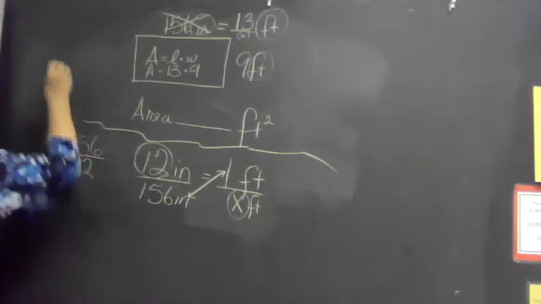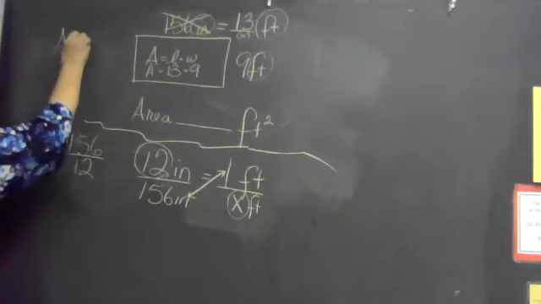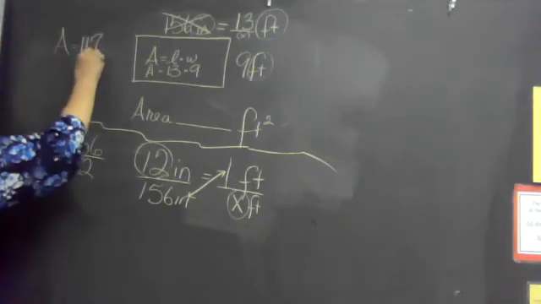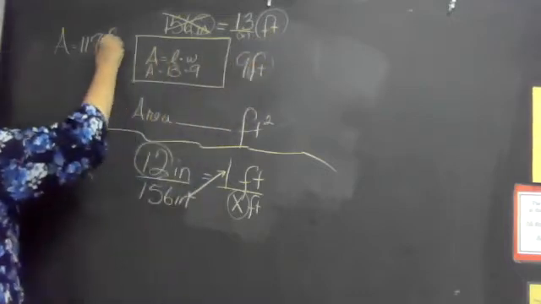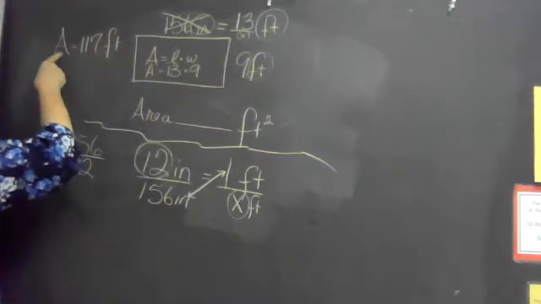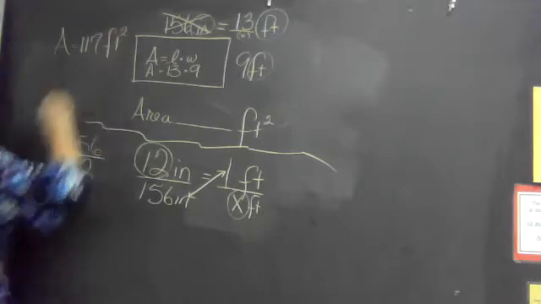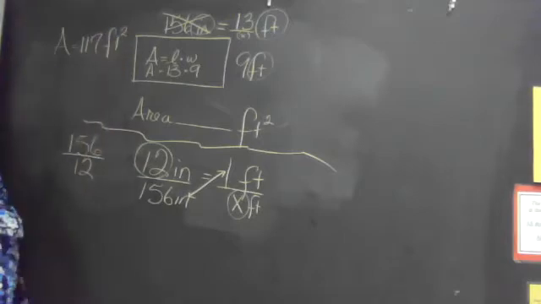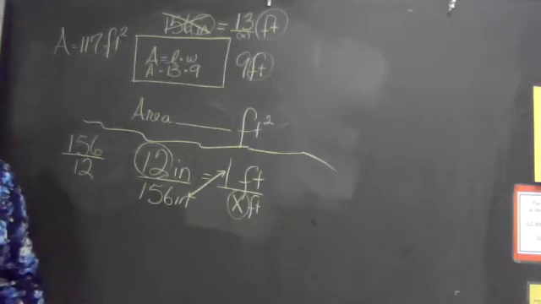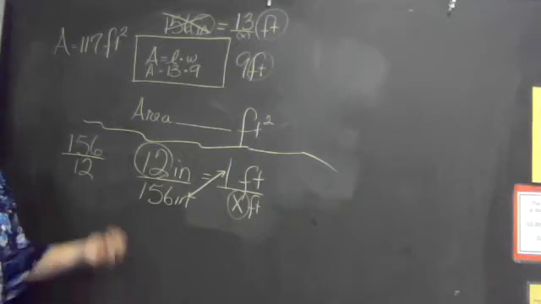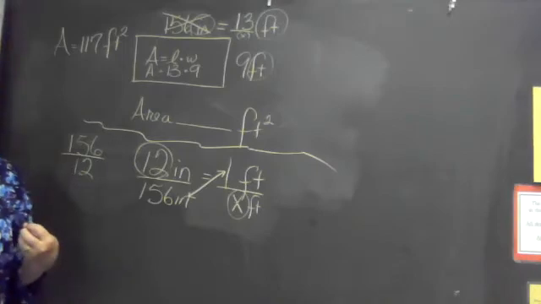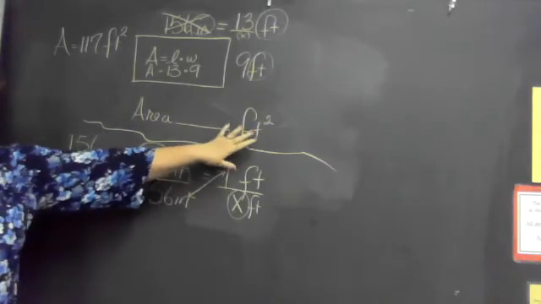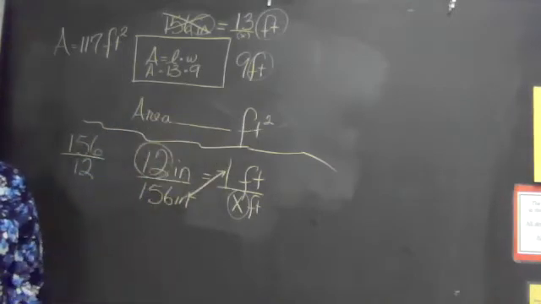So the area equals 117, and we're working with feet. We're working with area, so it's squared. Area is two-dimensional. So we've just added one extra step to finding the area. If the dimensions are different, you have to make that conversion, and whatever they want in the answer is how you're going to convert.